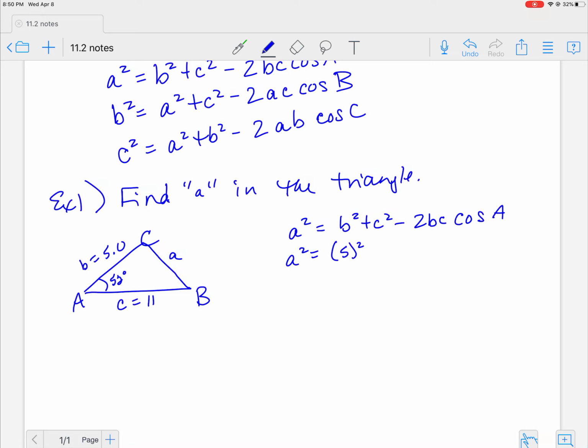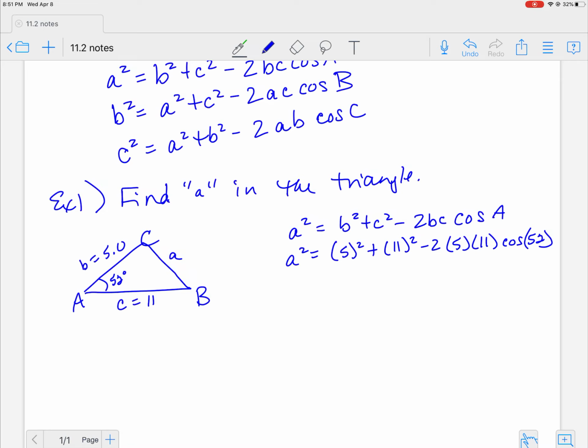Okay, so let's do it. I'm going to find A, so I'm going to use a formula. A squared is equal to B squared plus C squared minus 2BC cosine of A. And then fill in what you know. A squared, so side B here is 5, C is 11 minus 2 times 5 times 11, and the cosine of 52.